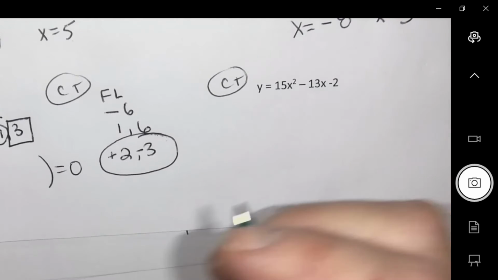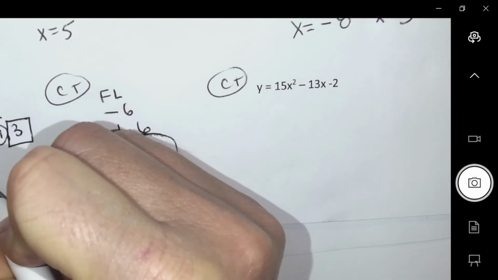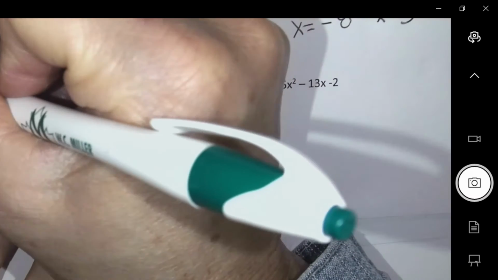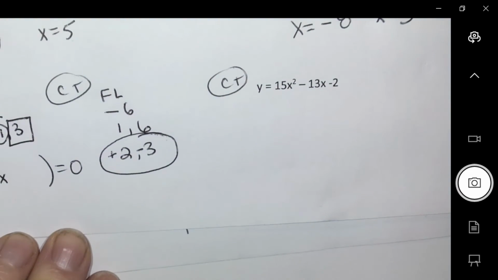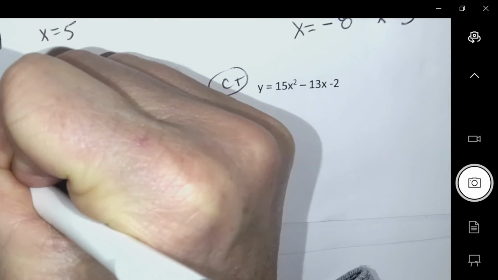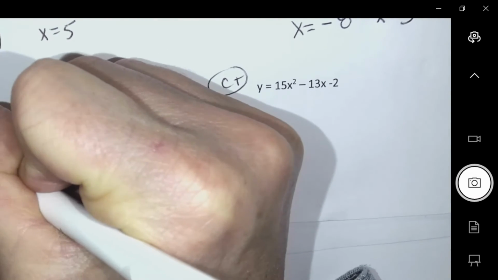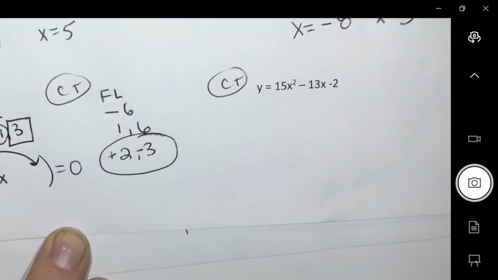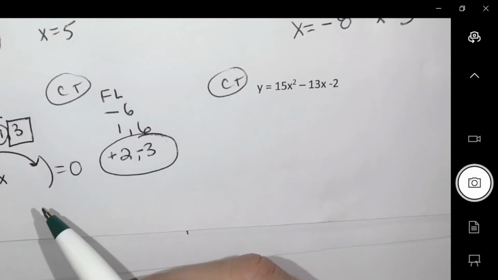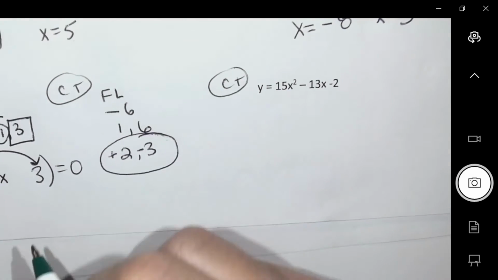Okay, so my first times my first is x times 2x. Okay, there we go. We got our first. On the FOIL, the O and the I. So we got our partners lined up. We put a 1x with a 3.